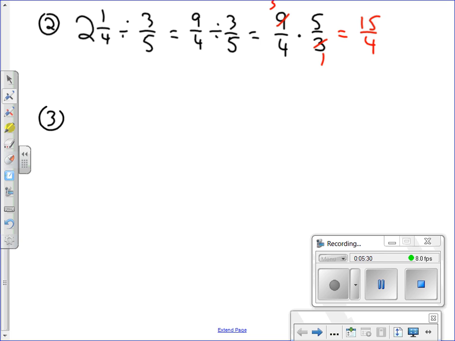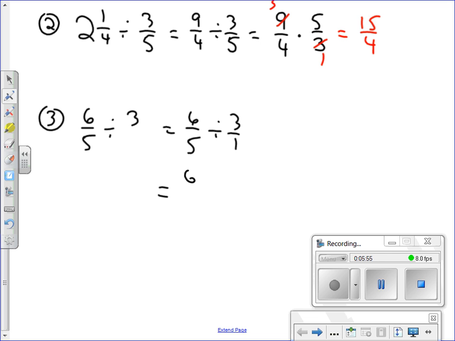If you happen to have a whole number as your divisor, let's say that we have 6/5, and we want to divide that by 3. Okay? Well, again, just like the multiplication, it's a good idea to write that as a 3 over 1.